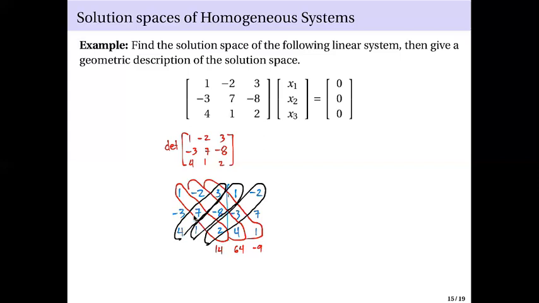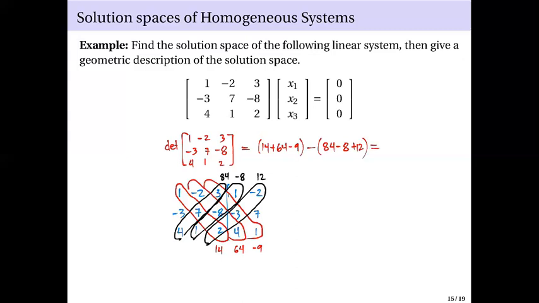So 4 times 7 times 3, this is 84. 1, negative 8, 1, that's negative 8. 2, negative 3, negative 2, that's positive 12. Check my multiplication, please. So the determinant is 14 plus 64 minus 9 minus quantity 84 minus 8 plus 12.